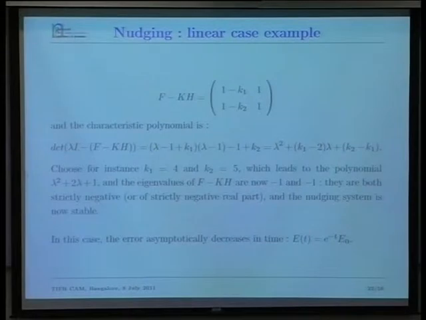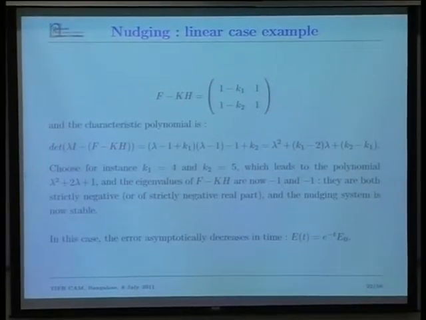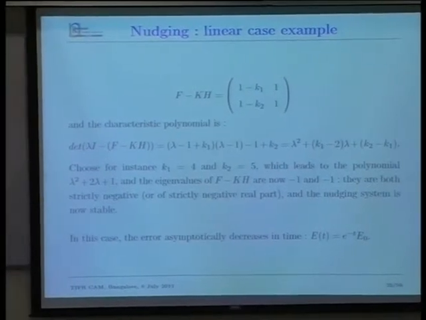Yeah? So, I mean, in Kalman filtering and so on, the gain matrix is somehow determined by the variational problem. That's not true. You've got this freedom to choose the gain. Yes. But we will see that we have the freedom to choose in order to get close to the observations.